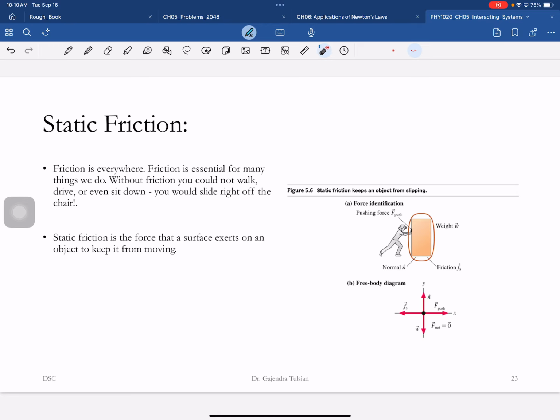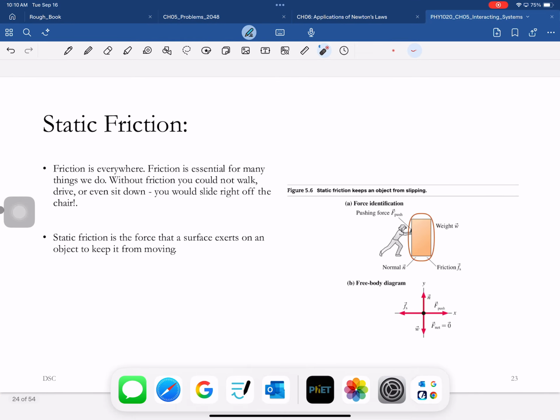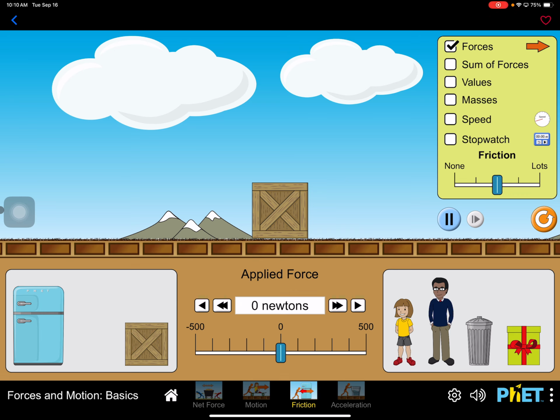All right, so let's do friction. We'll talk about friction now. So here's a box sitting on the ground. What's happening here?